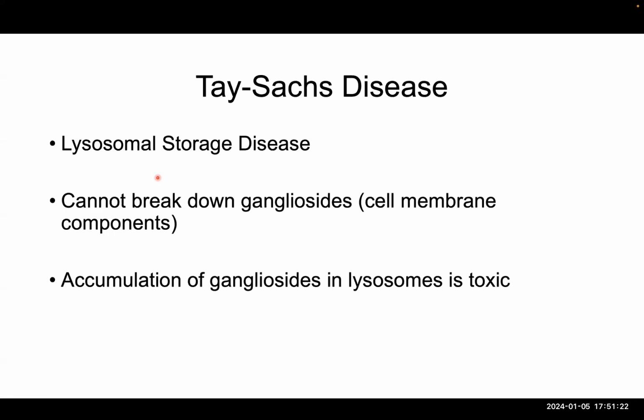We don't really have a good way to put the design into the cells to eliminate the problem, but it might not take long to figure out with the technology that we have. Maybe you heard about CRISPR. We will probably be able to treat Tay-Sachs disease within maybe the next 10 or 20 years.